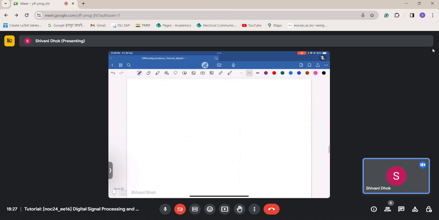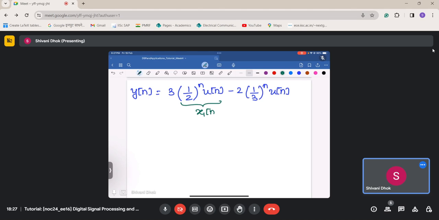So now let us consider y of n. We had obtained y of n as 3 into (1/2)^n u[n] minus 2 into (1/3)^n u[n]. If you observe carefully, the first term is simply x1 of n and the second is simply x2 of n.